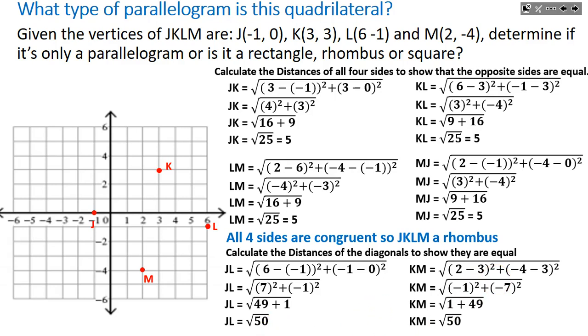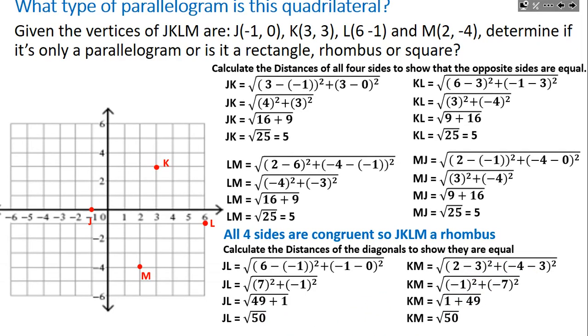What does that tell us? That tells us that this is a rectangle. So because the diagonals are congruent, we can say that JKLM is a rectangle. Well, if something is a rhombus for congruent sides, and it's also a rectangle, let's go ahead and draw this now, and let's label it with what we know.